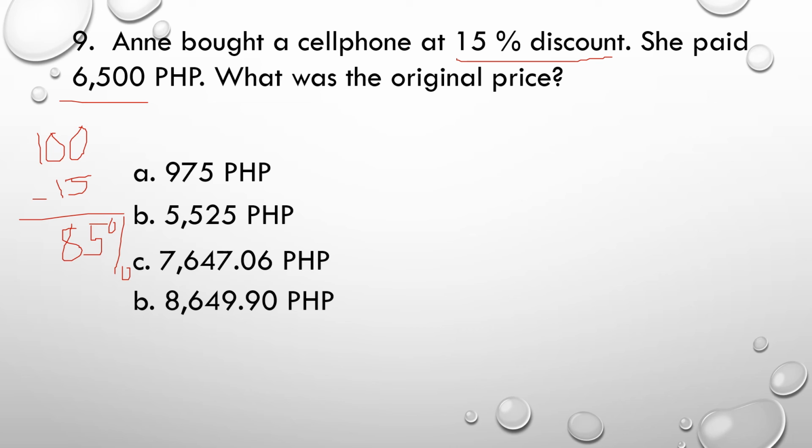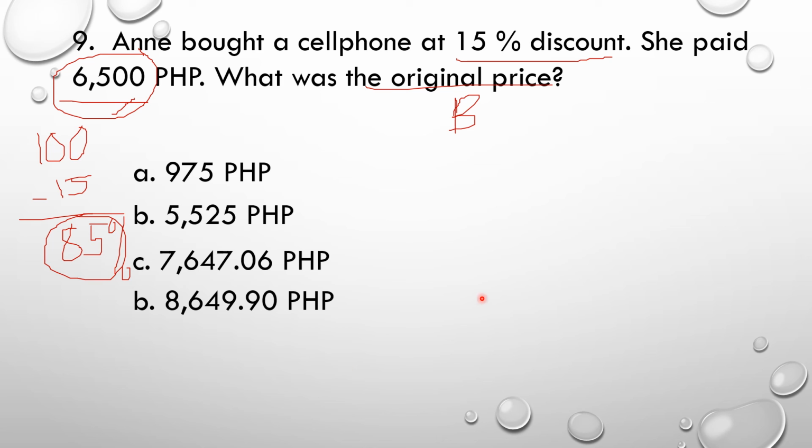Okay? So if we're going to identify now, the rate here is no longer 15%. The rate is 85%. And this is now the percentage, and the original price is what we call the base.